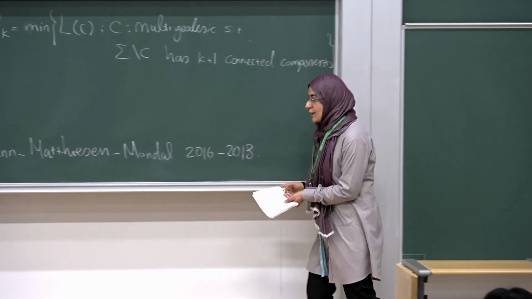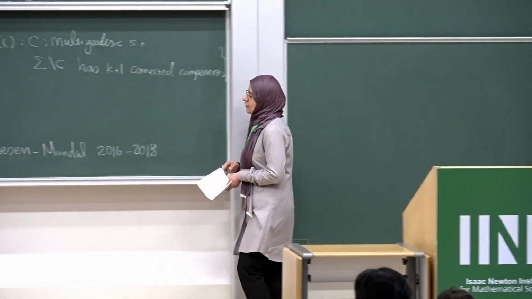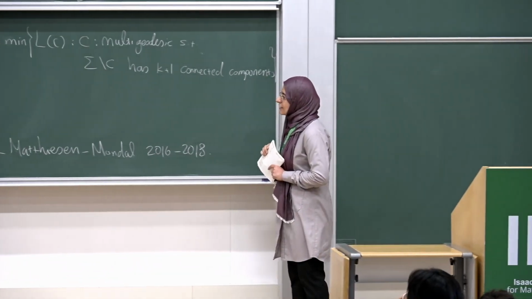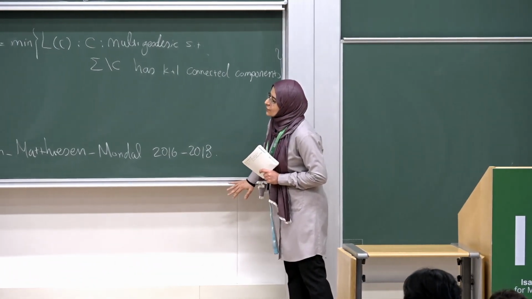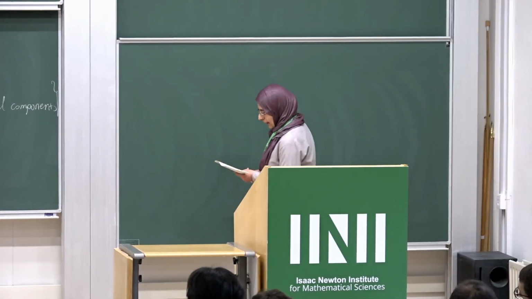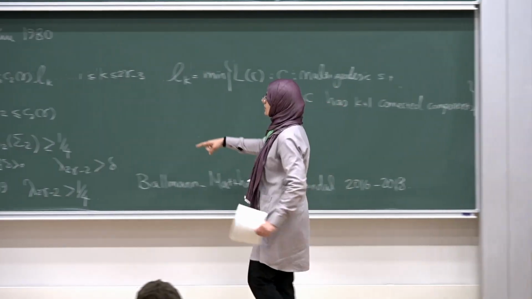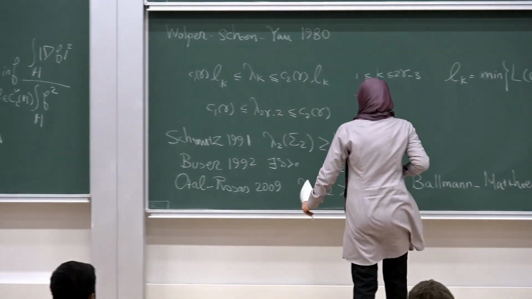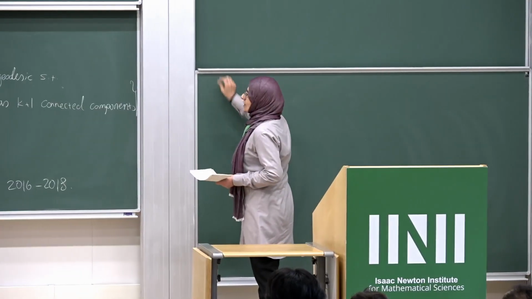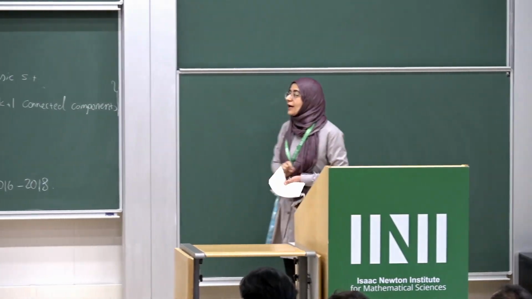There's a nice survey paper in 2018 that gives an overview of the development and some of the directions. This result is true in much more generality than the setting that I'm presenting. So going back to this family, I just mentioned a few developments, and now I go back to the idea of the proof.